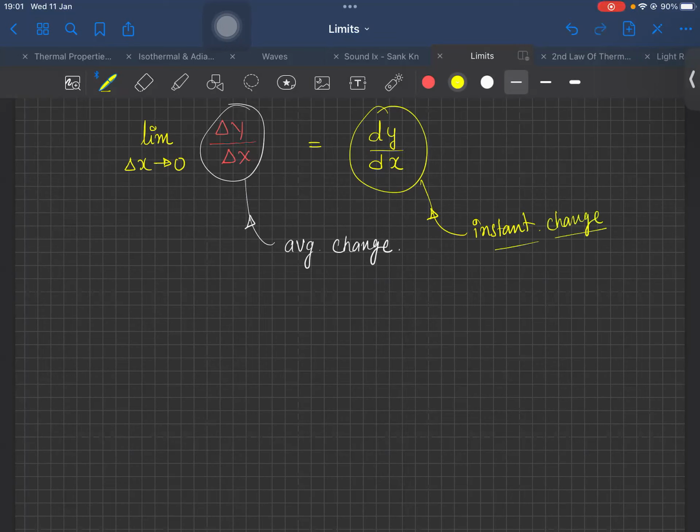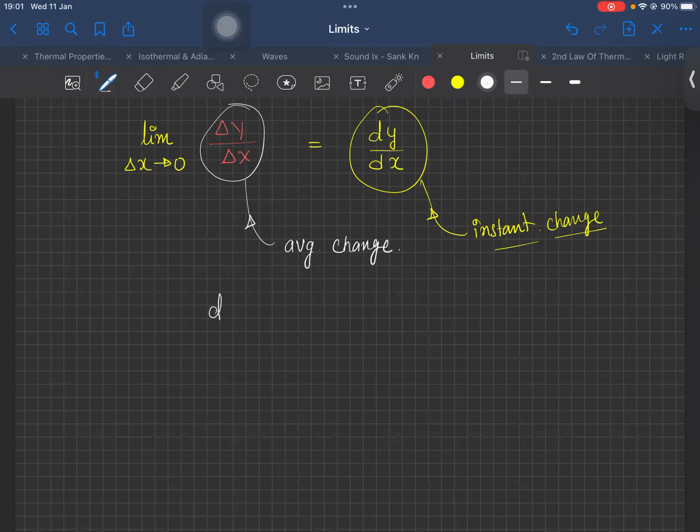Instantaneous change. Understood? What's the meaning of d? See, small d represents that the change is infinitesimally small. Infinitely small means infinitesimal. Like you might have studied in the relation between average speed, average velocity and instantaneous velocity.